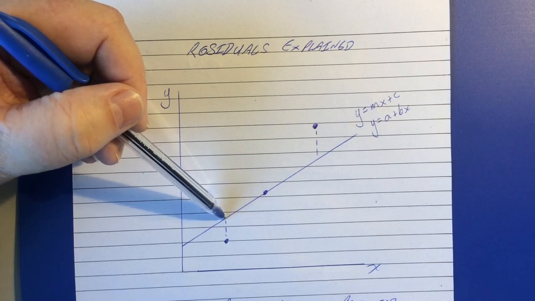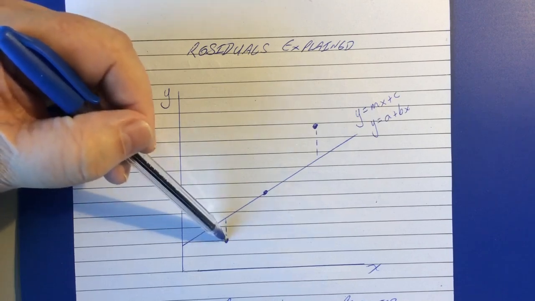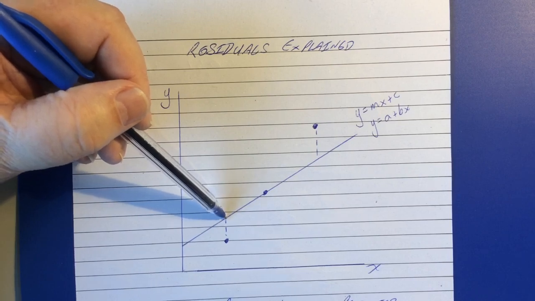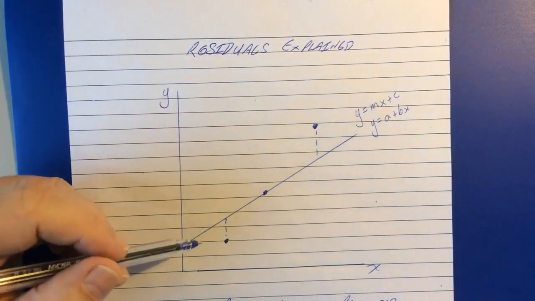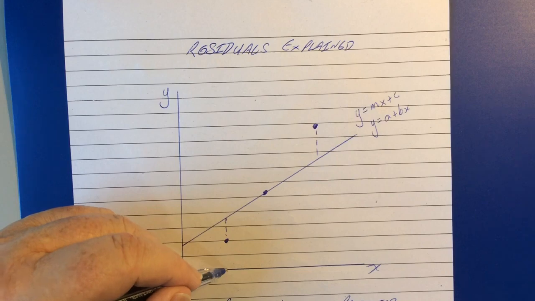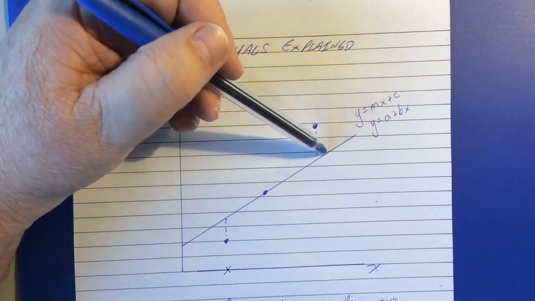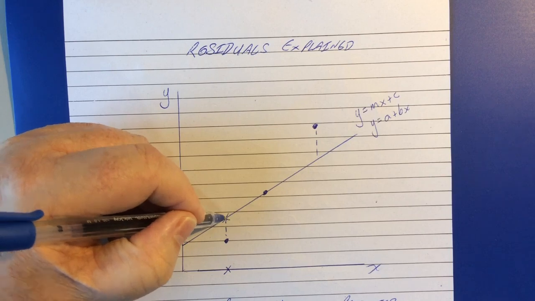And the other residual value that is not 0 is this one. And it is the distance between this point, which is an actual value, and the equivalent point on this line, which is a predicted value. Now, how we get a predicted value is we take the x value here and we put it into whatever equation we have that generates this line, and it gives us a y value here.